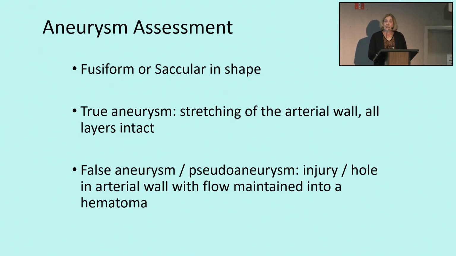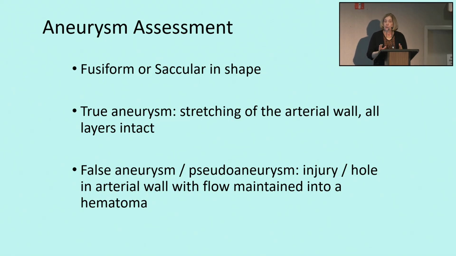Okay? Sometimes we can see areas, and I've seen it in the abdomen, where you ask: is it saccular, is it fusiform, is it even a true aneurysm, or has there been an injury where this is somewhat of a false aneurysm? I've had some of those things to debate with myself and others and with other imaging. But a true aneurysm is going to be a stretching of all three of those layers.